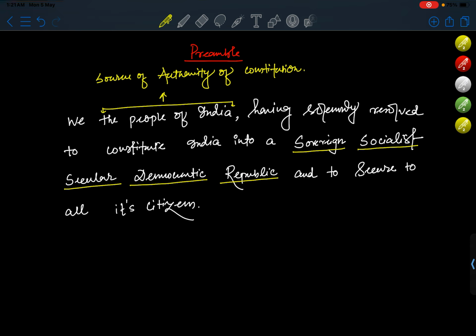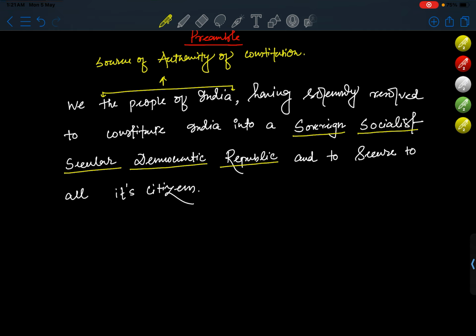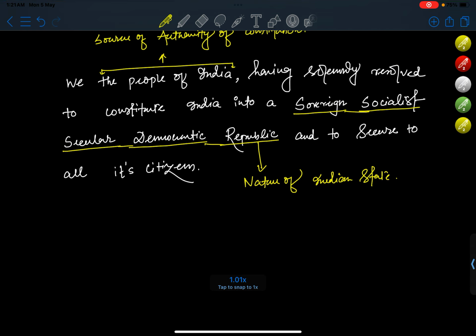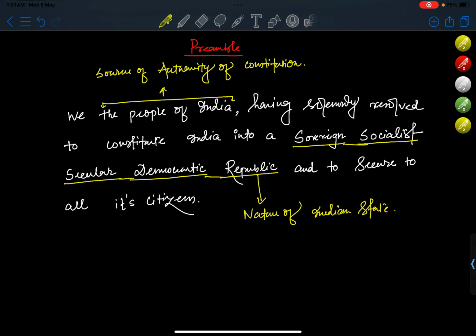Okay. Now, what is this? This is basically the nature of the Indian state. Now, what is the meaning of the nature of the Indian state?